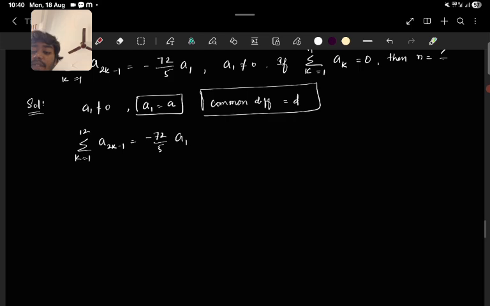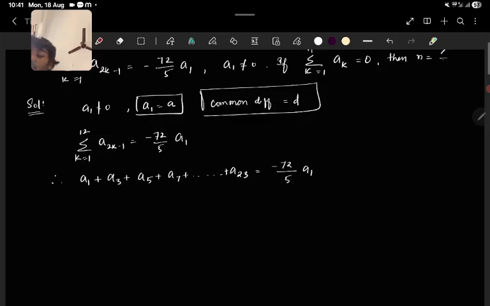Now observe it. 2k minus 1 in the sense it will be simply put k is equals to 1, it will become a1. When put k is equals to 2, it will be 4 minus 1, a3 plus a5 plus a7 so on up to a23 it will be is equals to minus 72 by 5 a1. Now sum of these terms will be what?